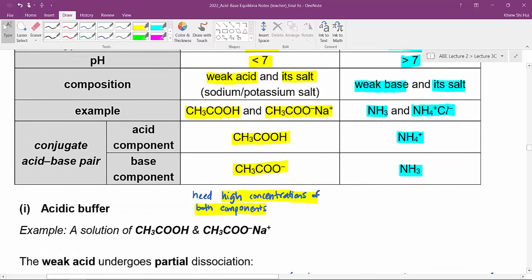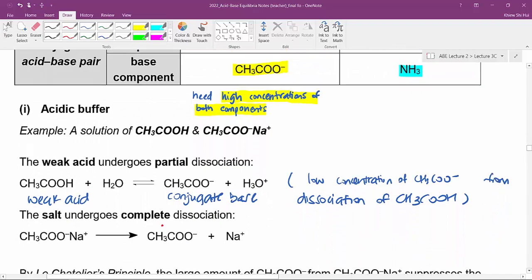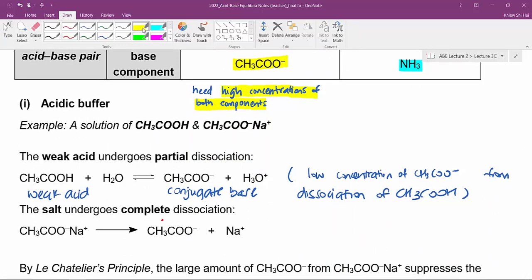Let's look into details of an acidic buffer, using the example of CH3COOH and CH3COO- Na+. Now, as you have learned in earlier sections, weak acids only undergo partial dissociation.